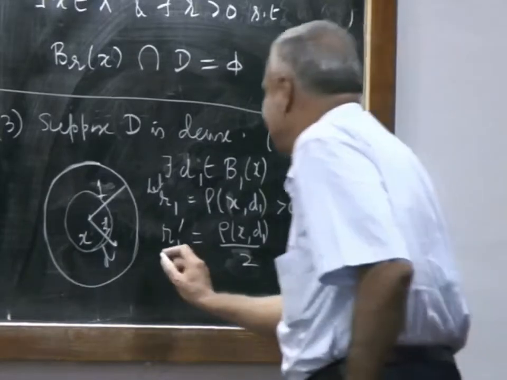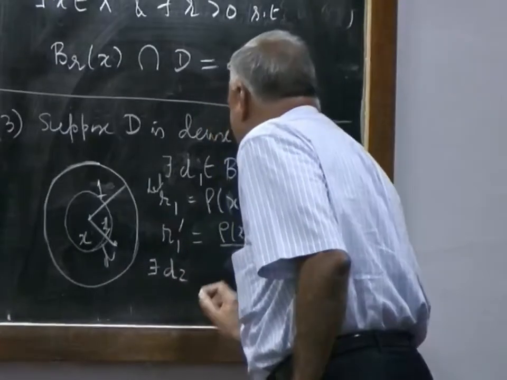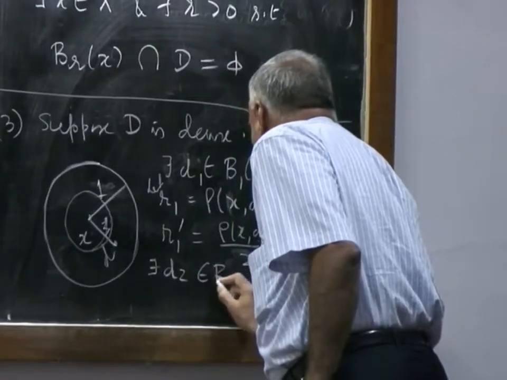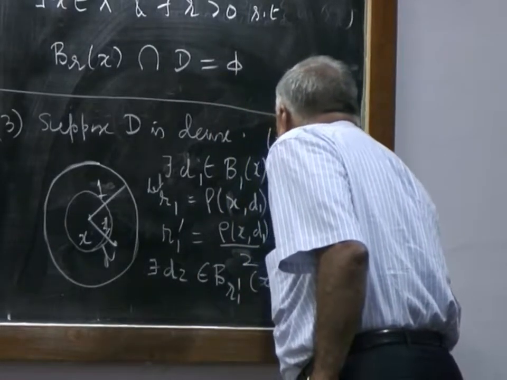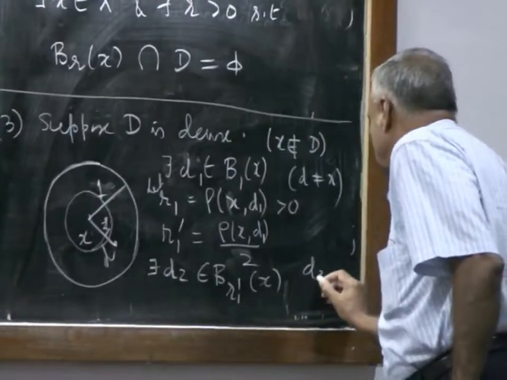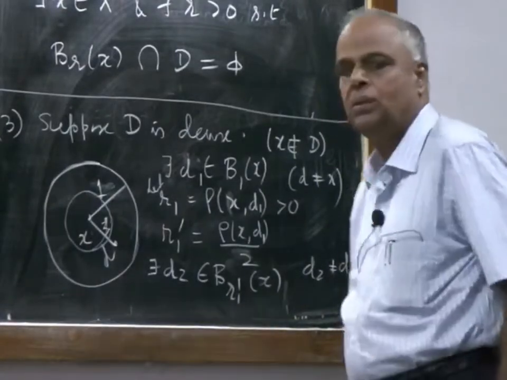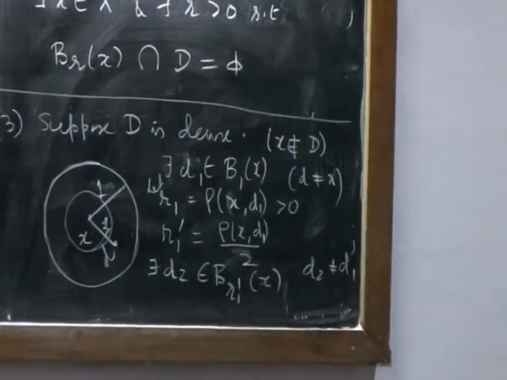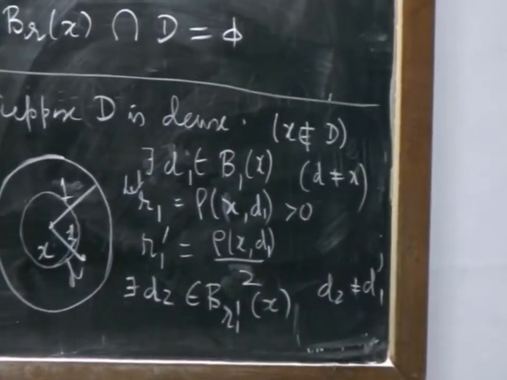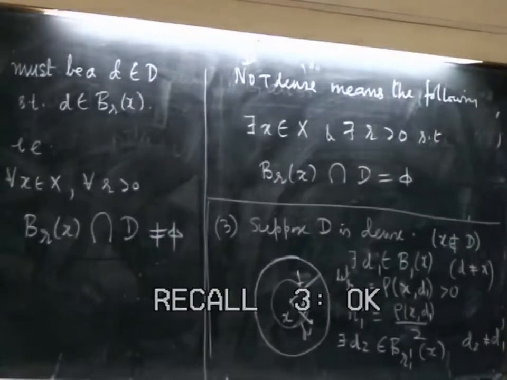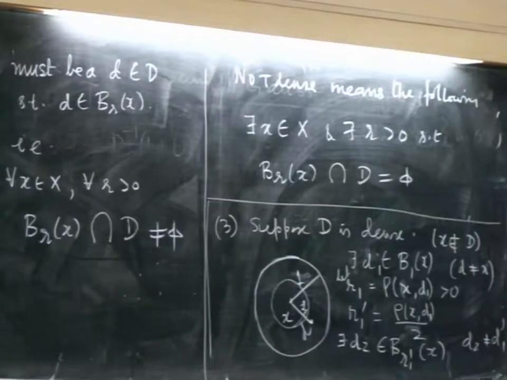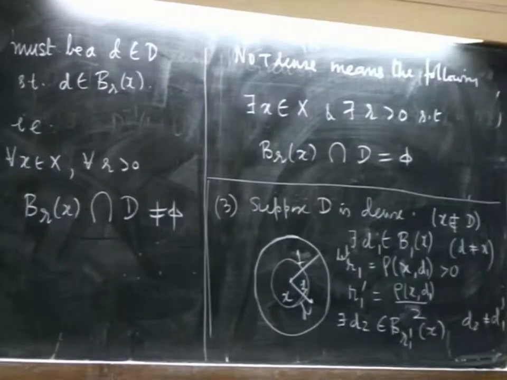So there exists d2 belonging to B(R1 prime, x), and d2 is not equal to d1. Now what is your guess? I am going to go on doing this. Now take another half of this radius and then you get one more point inside.